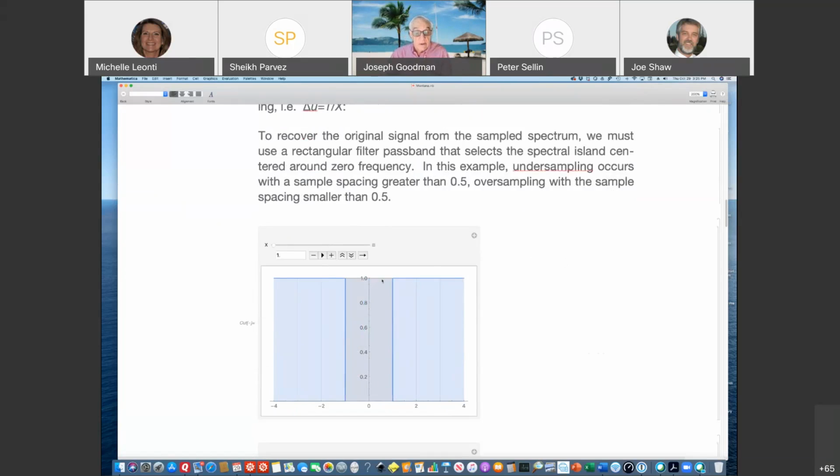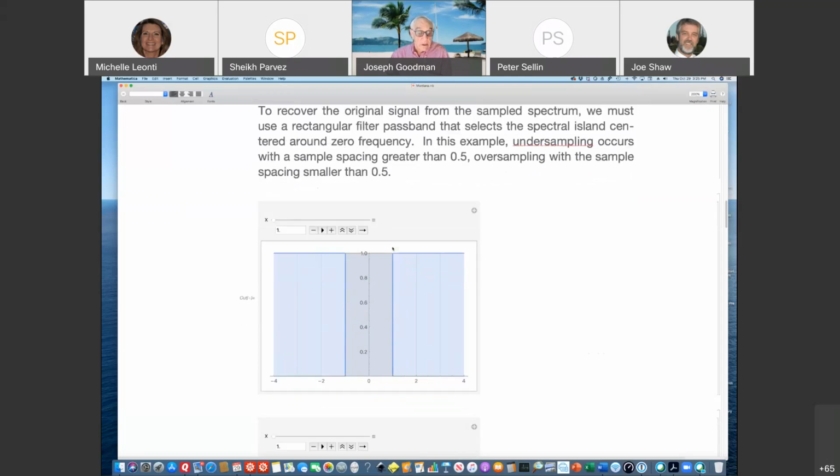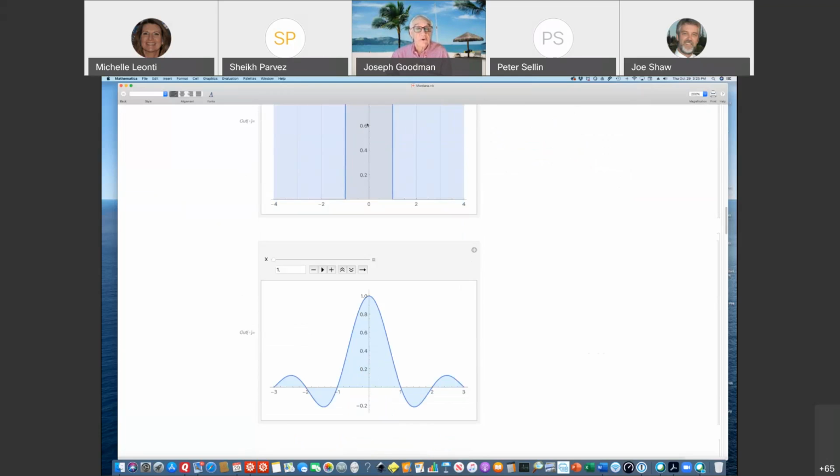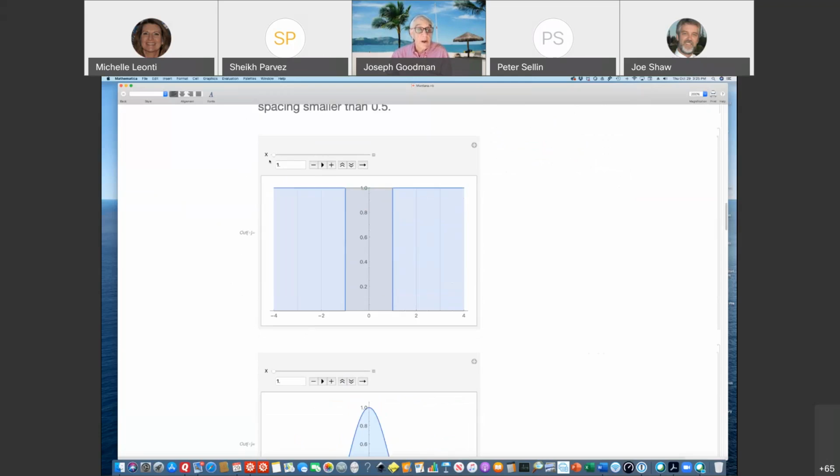That flat spectrum is filtered by this rectangular passband filter and produces a sinc function, because the Fourier transform of the rectangle function is a sinc function. This is for sample spacing 1.